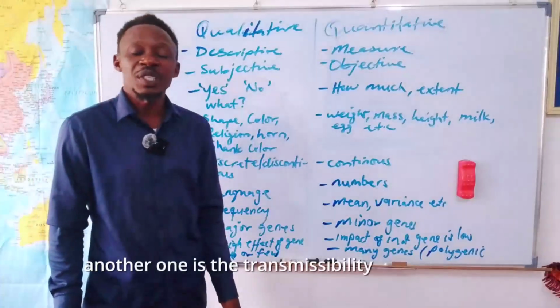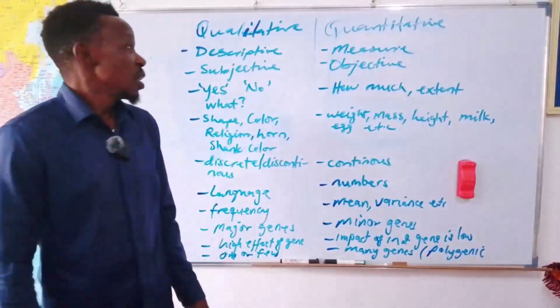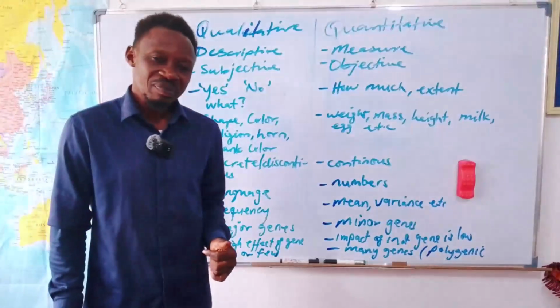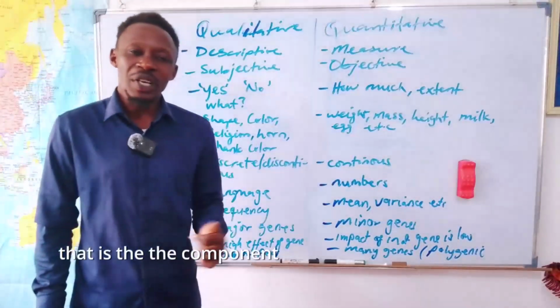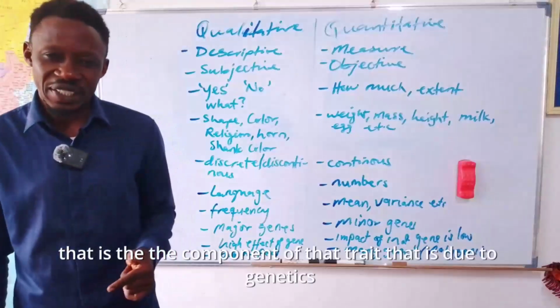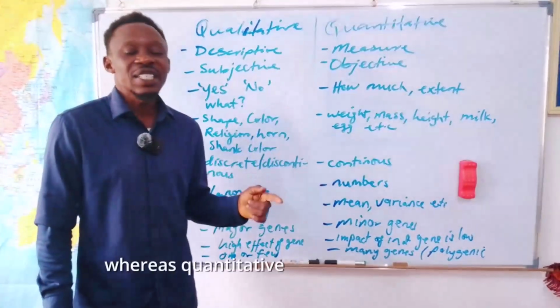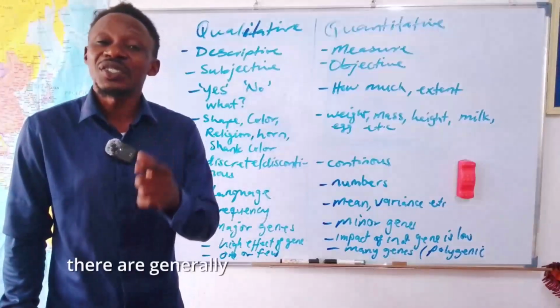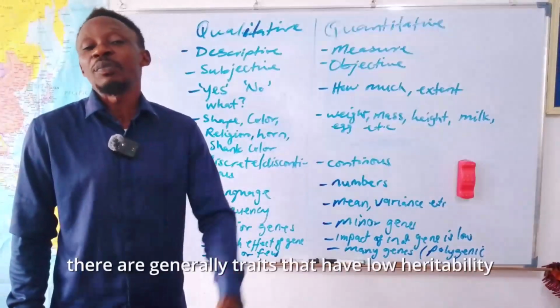Another one is the transmissibility of the trait. Qualitative traits are known to have high heritability. And that is the component of that trait that is due to genetics. Whereas quantitative traits are generally traits that have low heritability.